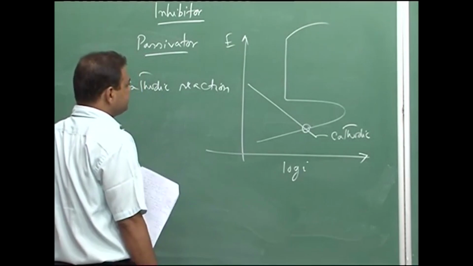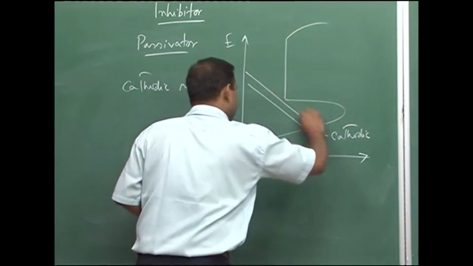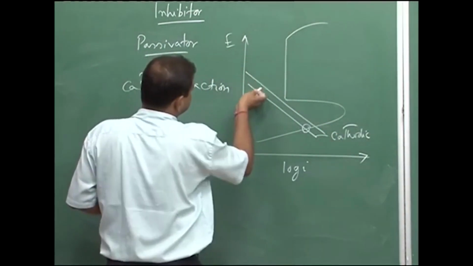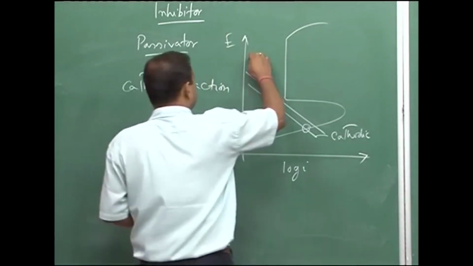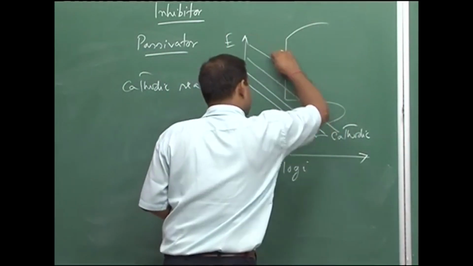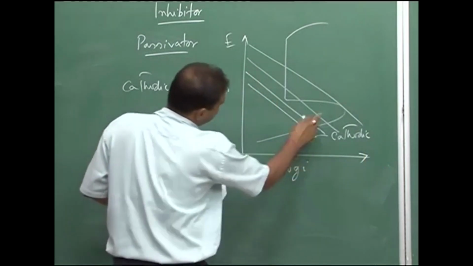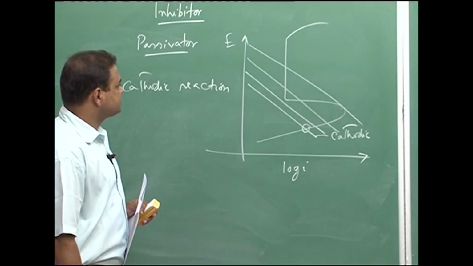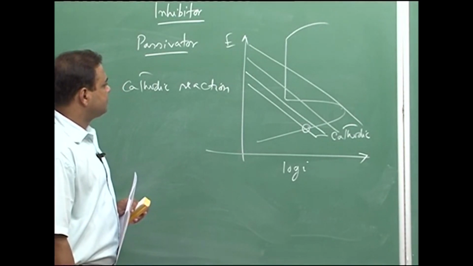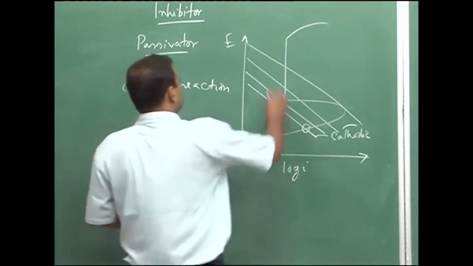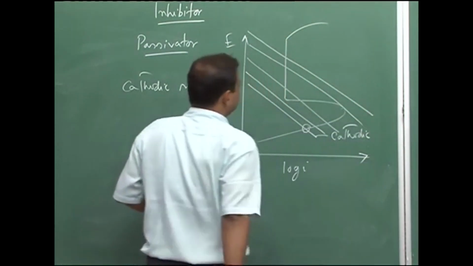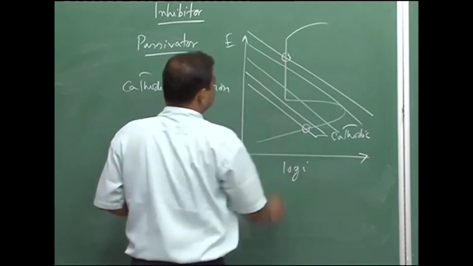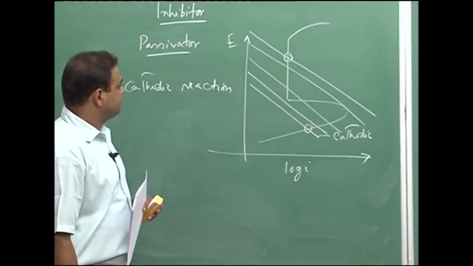If we add those inhibitors, it keeps on moving this cathodic reaction upward. Finally, you can have it like this, which crosses this critical current density, and then the corrosion rate has moved to this point.